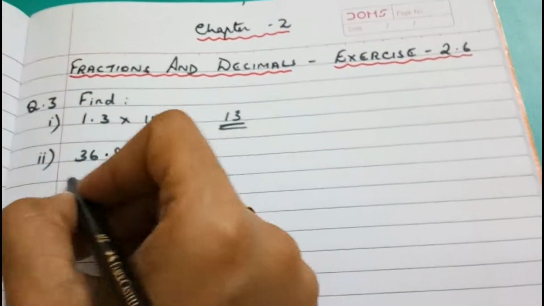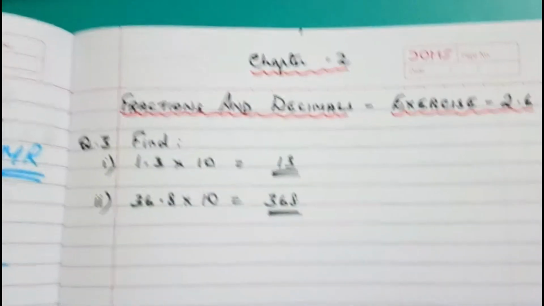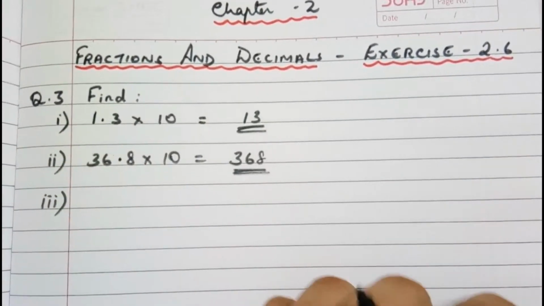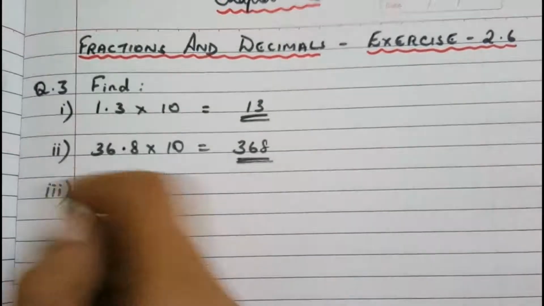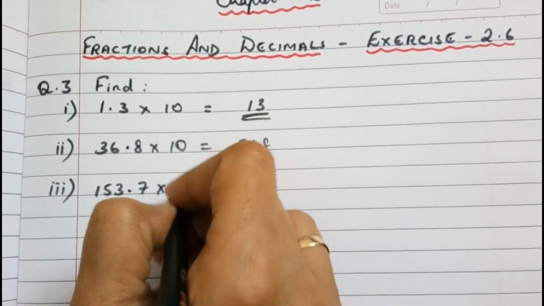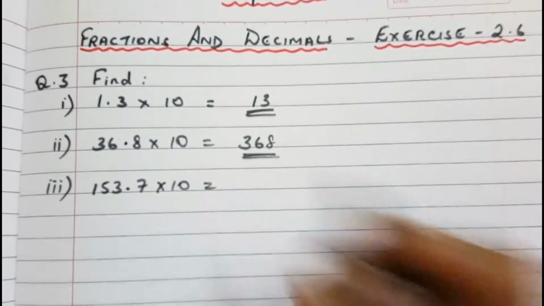So this number will also come here, that is 368 is the answer. Clear everyone? It's really easy. Moving to the third sub question, that is 153.7 into 10. Same way, I guess it's clearly understood.